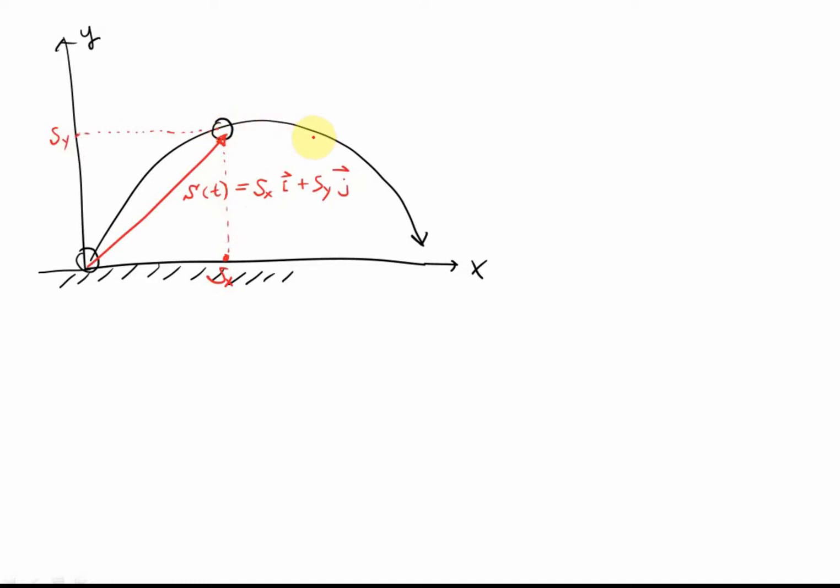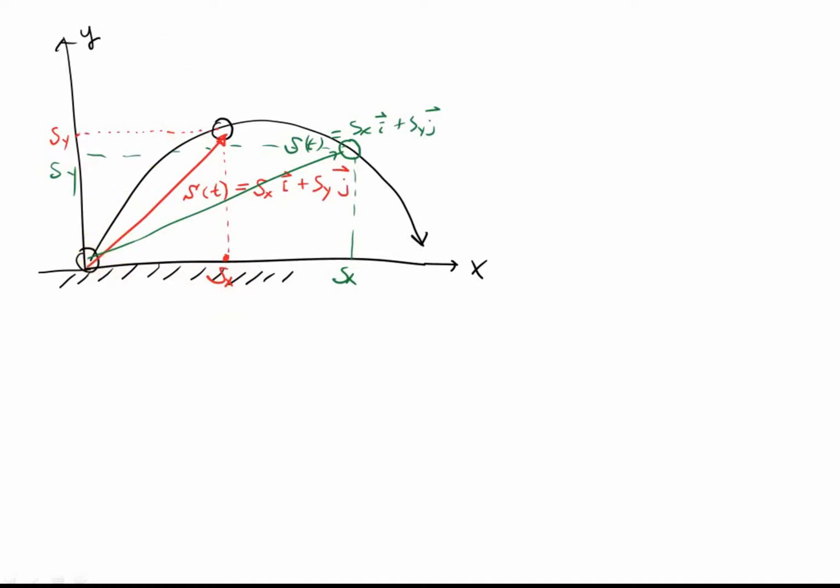If the position changes like that, then you can also think of your position vector or position function of t as sx i and sy j. Then this could be your sx, and this could be your sy. So basically, even though this is curvilinear motion, if you break the position into x and y components, then everything just has two scalar values, x position and y position.